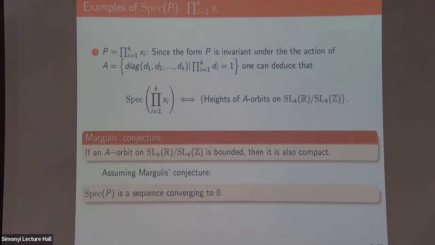Because if we just have one variable, a homogeneous polynomial of one variable, we all know what its infimum is over the integers. Okay, so we're going to discuss Mahler's program for k equal to 2. So we fix P to be a binary form of degree n and discriminant d_P.